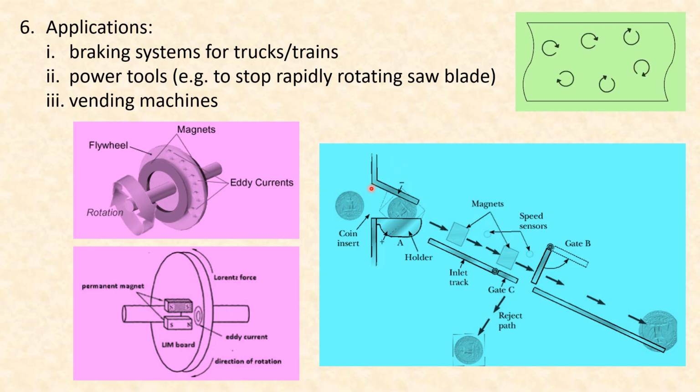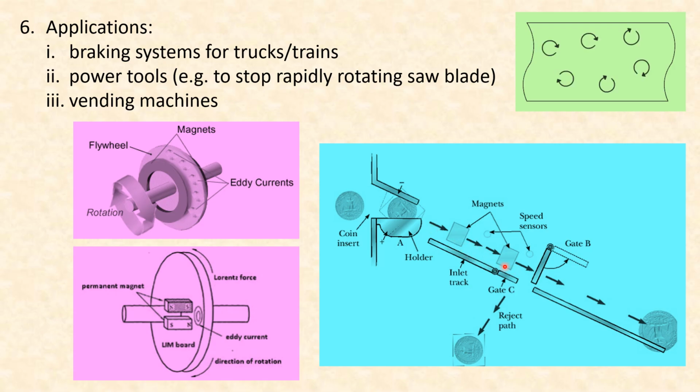When you stick the coin in the slot in this region here, the first thing that happens is that a potential difference is applied across the coin in this position, and by using Ohm's law, its resistance is measured. That's the first security step in the process. If the resistance is acceptable, the holder will then drop down and release the coin, allowing it to roll along the inlet track here.